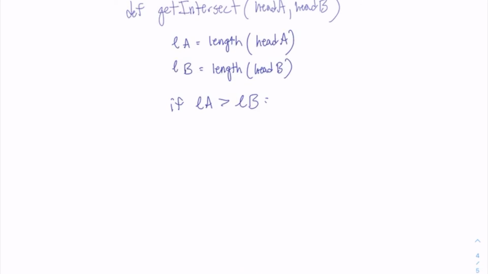Specifically, we have to make a for loop where for underscore in range, the difference between the length of linked list A, because linked list A is bigger, minus linked list B, we increment head A.